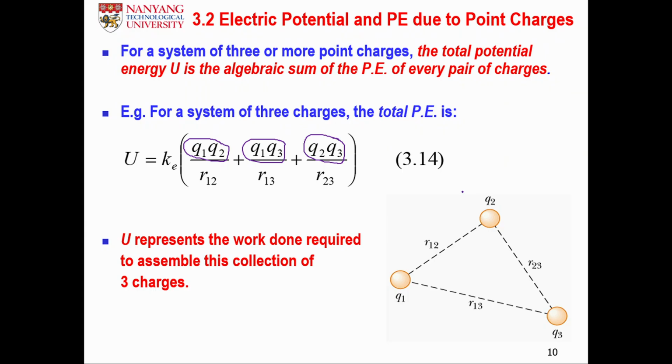Of course, if you have another Q4, how many terms will you have? For three charges, you have three components. So how about four charges? How many? 6. So what are the additional 3? 1-4, 2-4, 3-4.